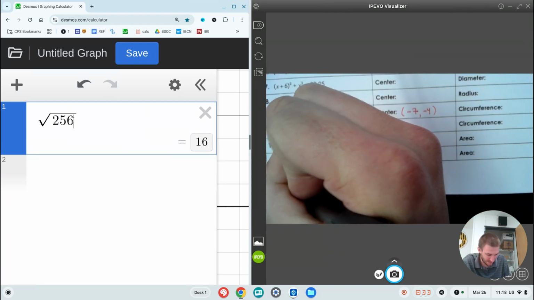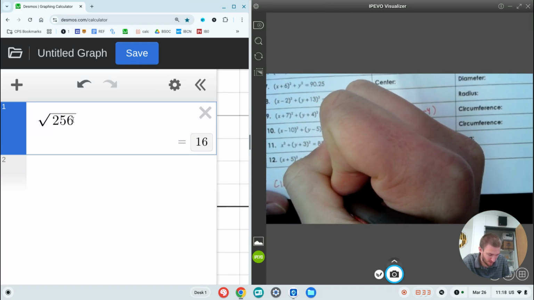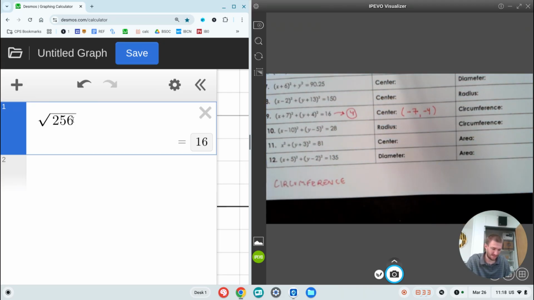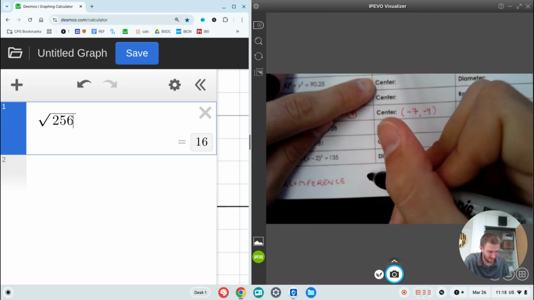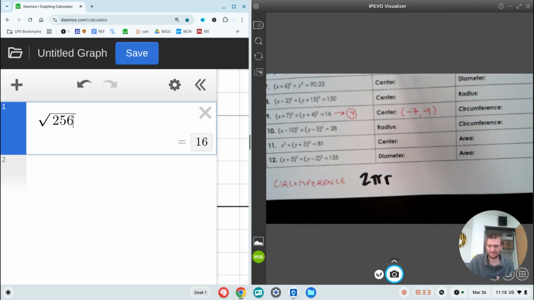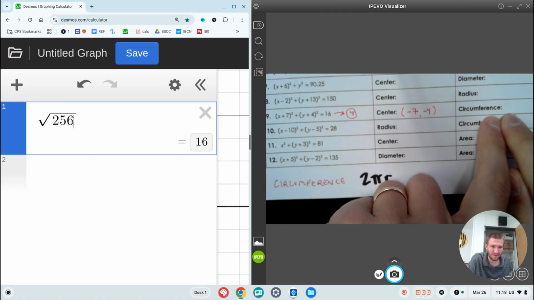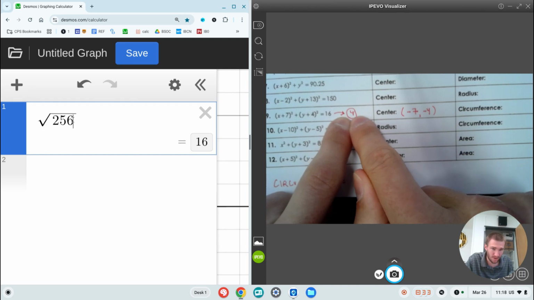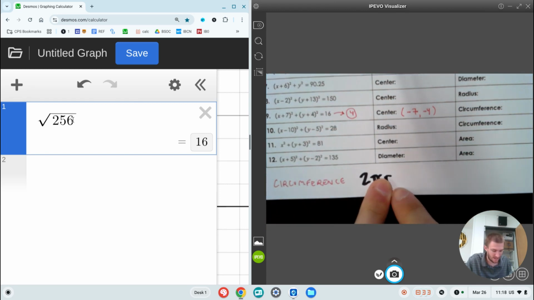Here are the formulas again. The circumference is 2 pi r. Now, if we're trying to find the circumference and it's 2 times pi times r, this actually is pretty easy to do. We've got 4 as our r, and so it's 2 times pi times 4.